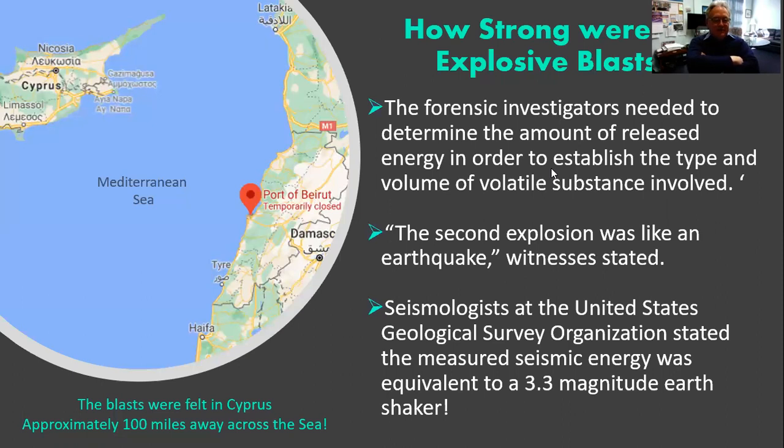And it was felt in Cyprus. There'll be another slide coming up that will show you the area of damage in and around the city of Beirut. Anyway, go ahead. Next, Mike.